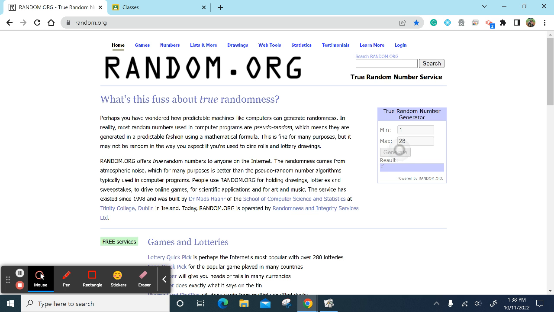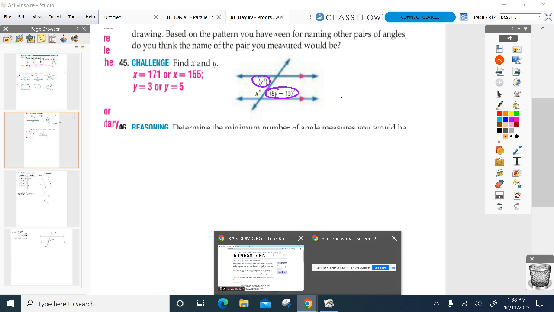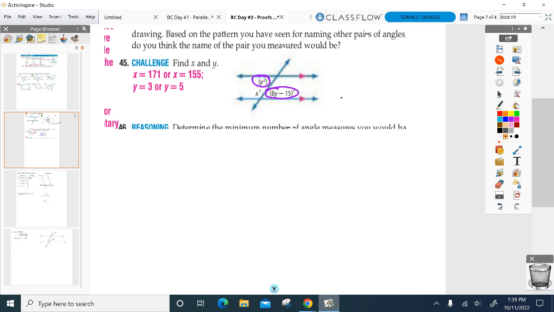Which one? Alternate interior. How about 7? Alternate interior. Congruent. y squared is equal to 8y minus 15.